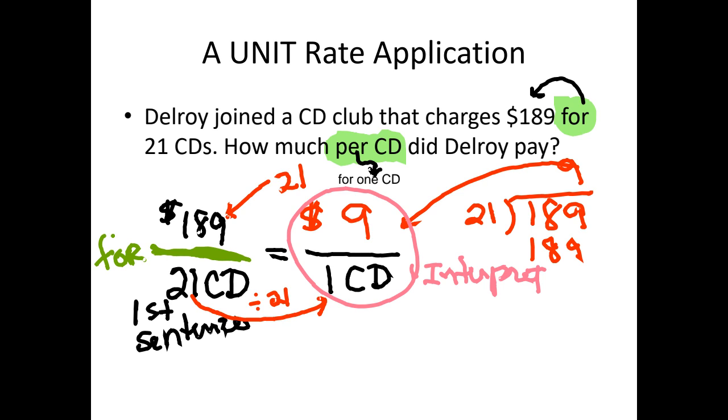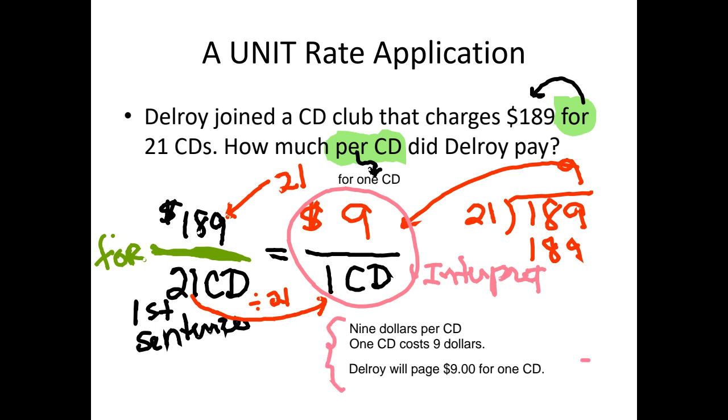One CD is going to cost Delroy $9. Or Delroy will pay $9 for one CD. That is also an interpretation. All three of these represent my interpretation. What do the numbers mean? Got to figure them out.